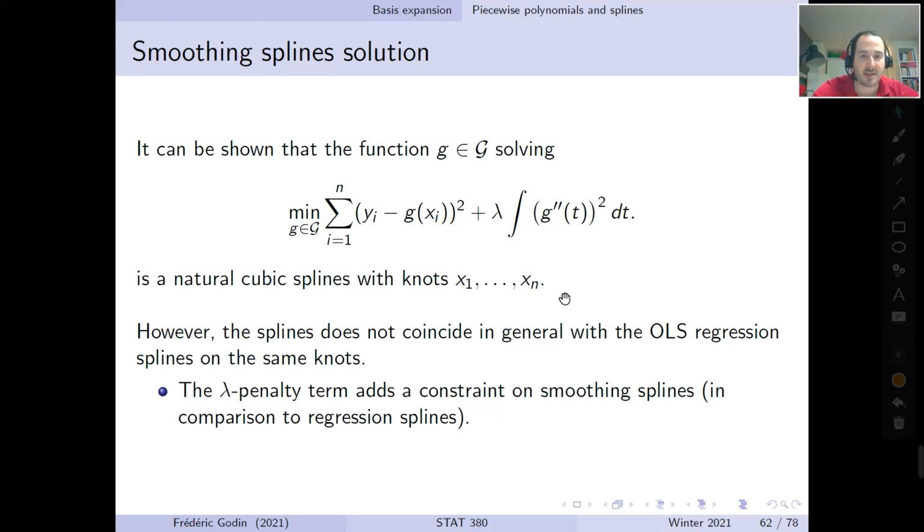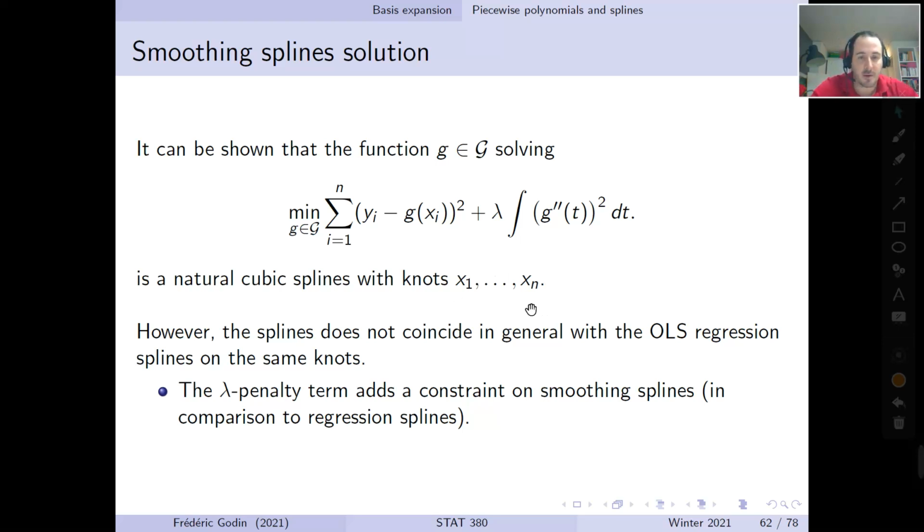This cubic spline for lambda equal to 0 will not coincide with the optimal cubic spline on these knots for lambda different than 0. Both solutions, for lambda equal to 0 and lambda different than 0, are cubic splines on these knots.